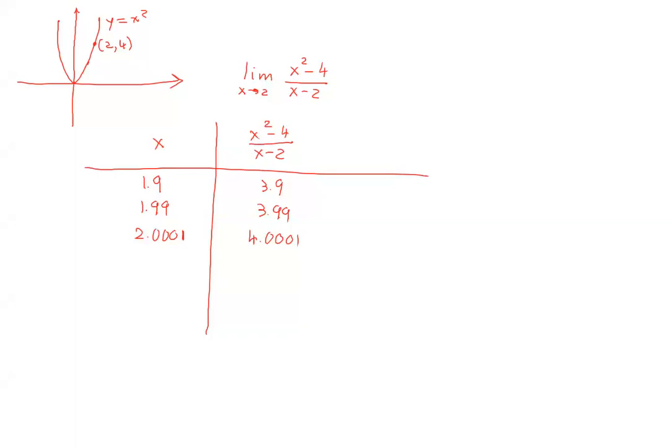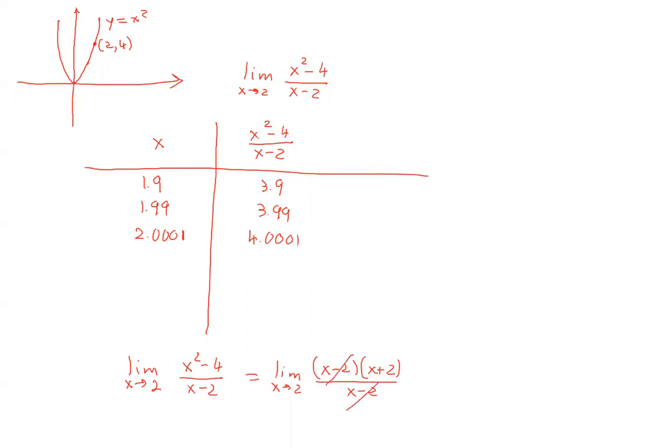Now, as we're going to see, in our case, we will have some very interesting resources. So in a case like this, for example, one way to resolve the situation that we're looking at is to actually apply a simple algebraic trick. So we see that exactly because the numerator becomes 0, we can actually factor out x minus 2, and that will give us x minus 2 times x plus 2 over x minus 2.